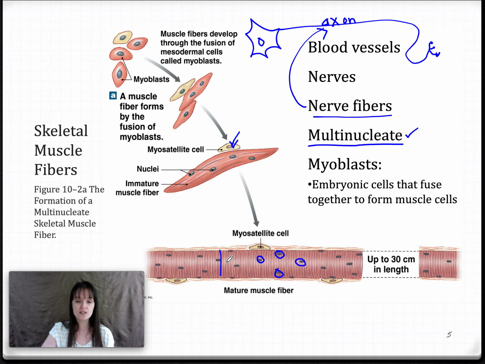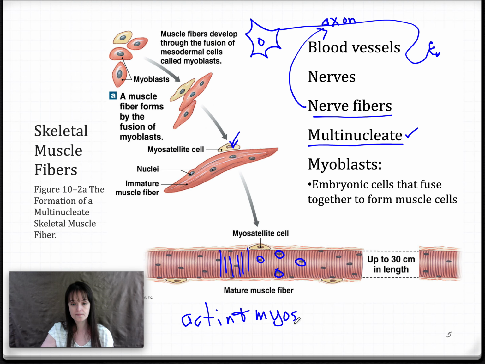And third, they are striated. These stripes are called striations, S-T-R-I-A-T-I-O-N-S. That just means stripes. And the stripes are actin and myosin. The actin and myosin together as a group are called myofibrils, and they're arranged in groups called sarcomeres.